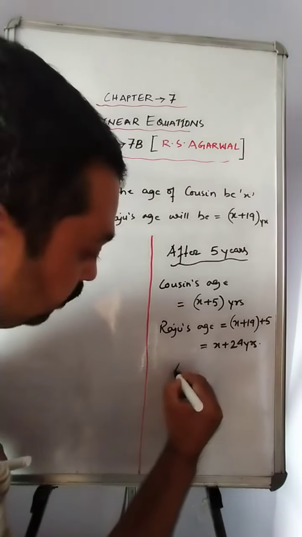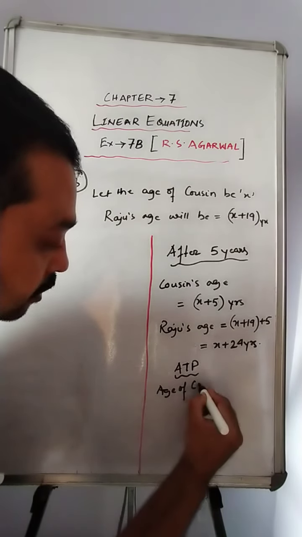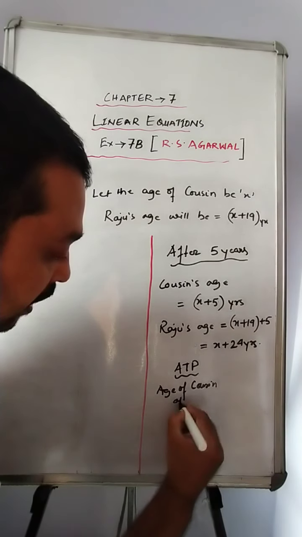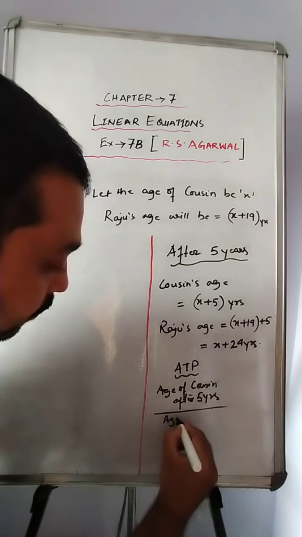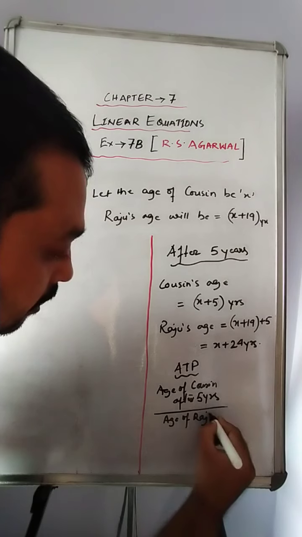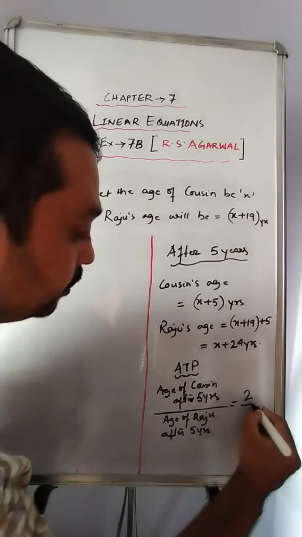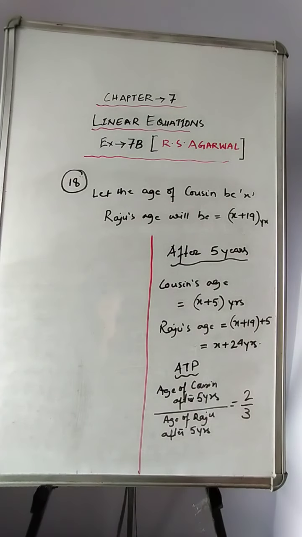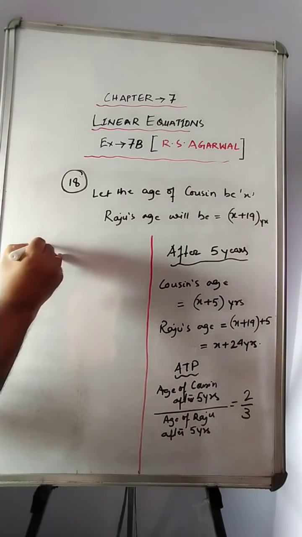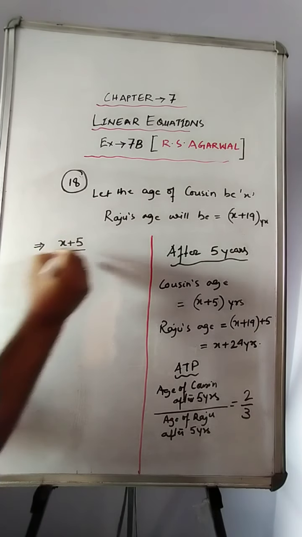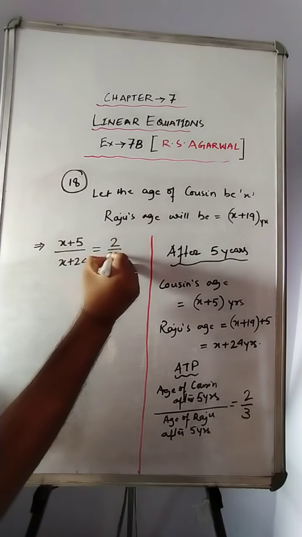So we write: age of cousin after 5 years by age of Raju after 5 years equals 2/3. The age of the cousin after 5 years is x plus 5, so x plus 5 by x plus 24 equals 2/3.